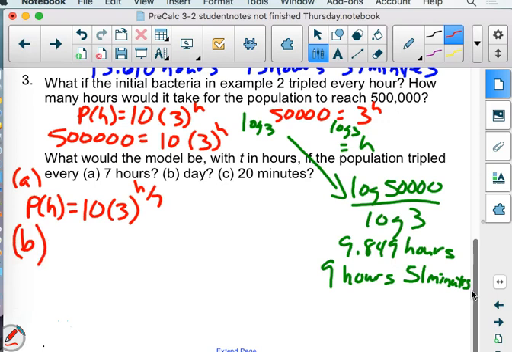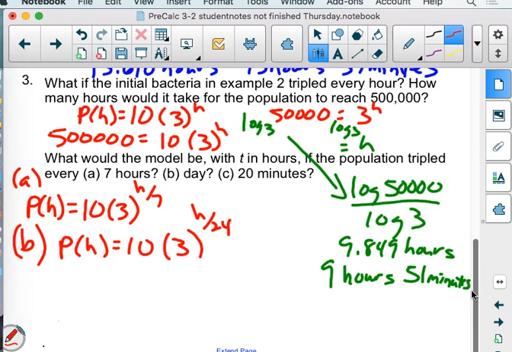Now again, it says we're supposed to think of T in hours. We can't change that. So for B, what are we going to have to do for our power if it's a day, but thinking in hours? Yeah, we'll have to divide by 24.